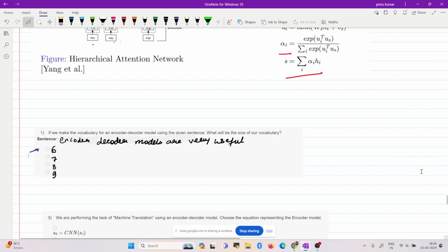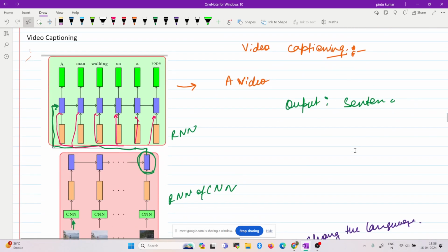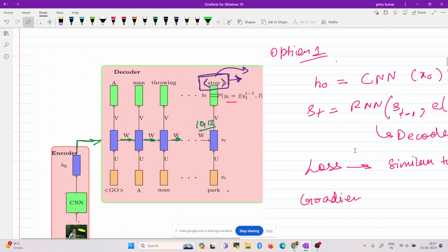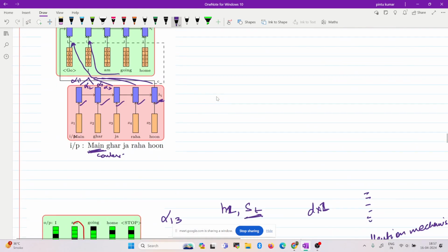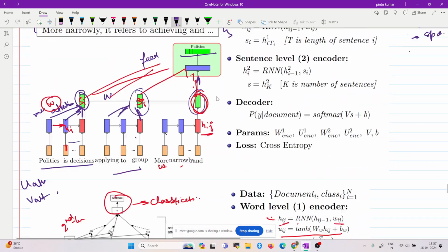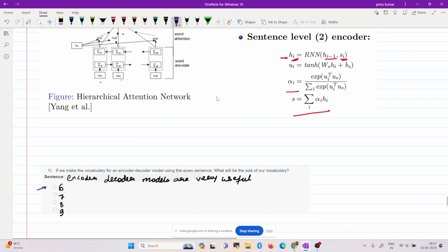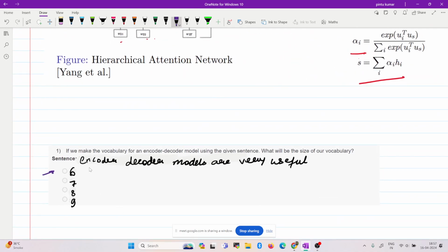Okay, so in RNN, one thing you should keep in mind is that you should know when to start and when to stop. When you create your vocabulary for RNN, if you look here, there are 6 unique words: 1, 2, 3, 4, 5, 6.